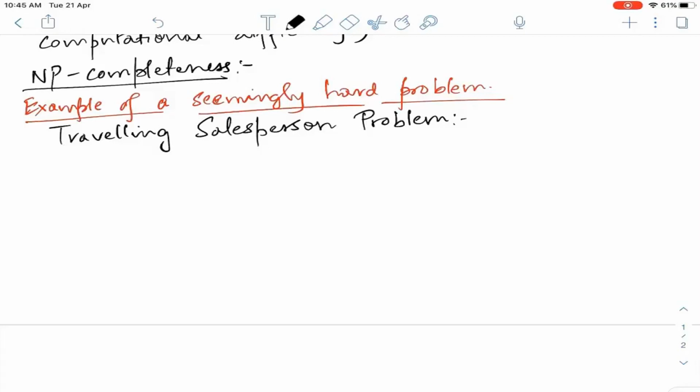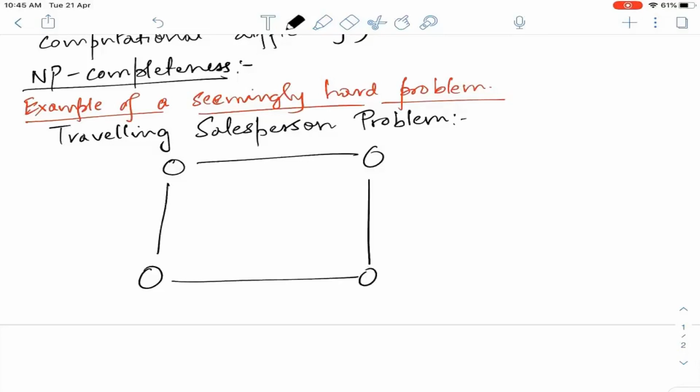Yeah, so we are simply given an undirected graph, and every edge has a length associated with it. So the setting is very similar to the shortest path problem or the minimum spanning tree problem.